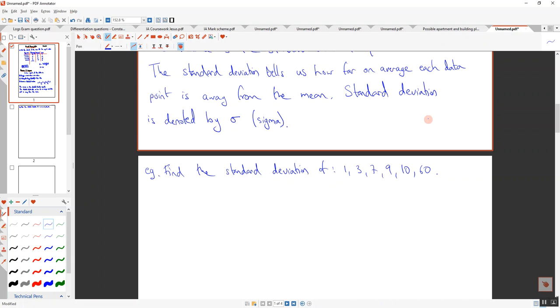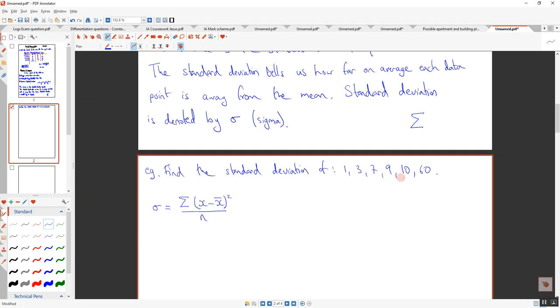These are the same thing, except this one's capital sigma, this one is lowercase sigma. So your standard deviation is denoted by that. Now to calculate the standard deviation, this is probably in your formula booklet, it's the square root of the sum of x minus x bar all squared over n.